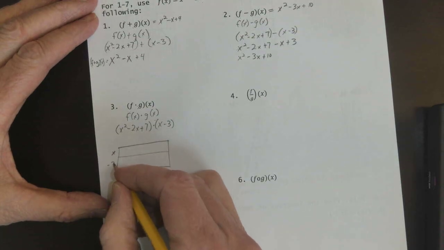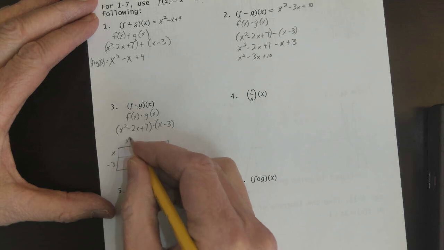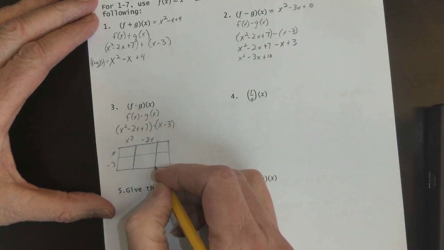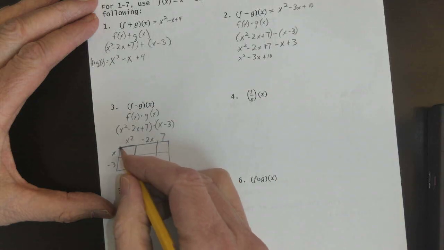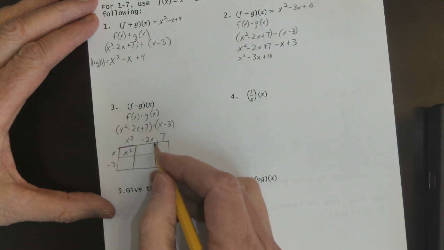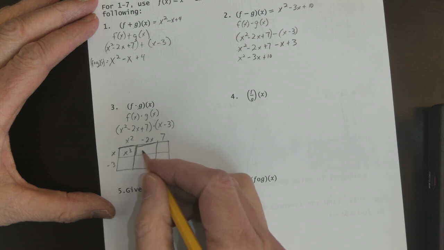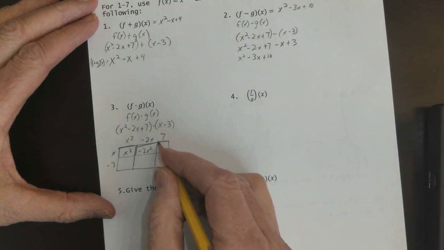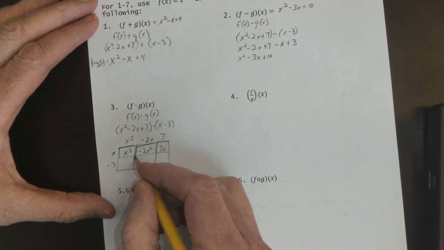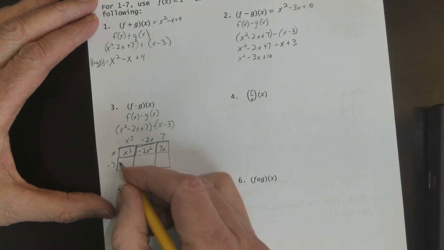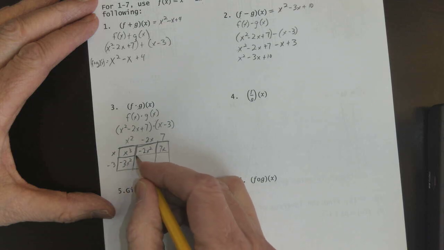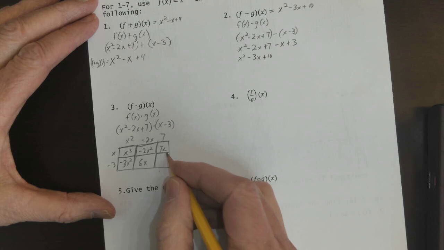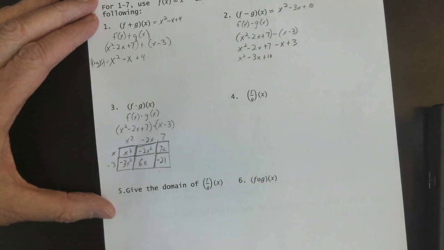I have x here, negative 3 here, x squared, negative 2x, and 7. X squared times x is x cubed. Negative 2x times x is negative 2x squared. 7 times x is 7x. Negative 3 times x squared is negative 3x squared. Negative 3 times negative 2x is 6x. Negative 3 times 7 is negative 21.